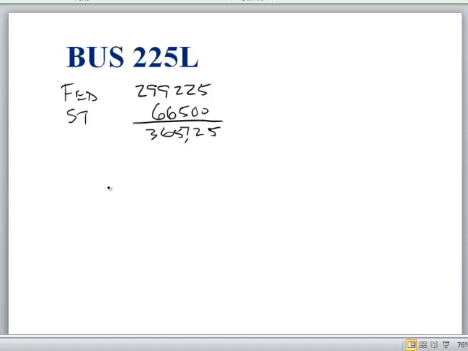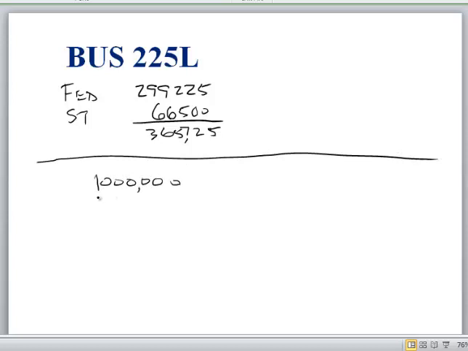Okay, so let's do the rate rec then. Amanda can do the rate rec because she's probably already figured it out. We're going to start with PBT of $1 million. So what would we expect our provision to be?